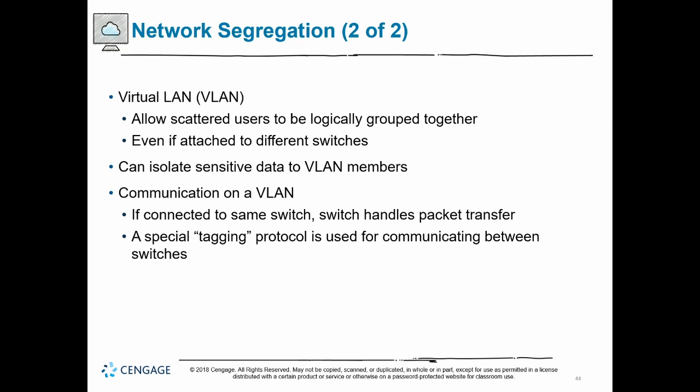Communication on a VLAN, if connected to the same switch, handles packet transfers. A special tagging protocol is used for communication between switches. Essentially, if one person needs to connect to another, you get tagged. It's a tagging protocol. We won't go into detail because this is not a networking course.